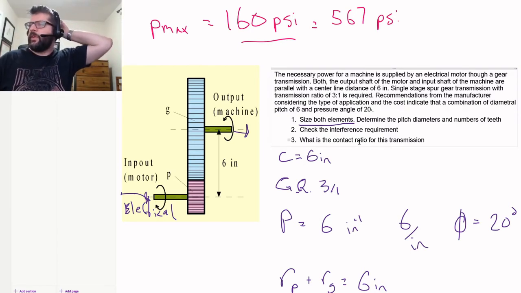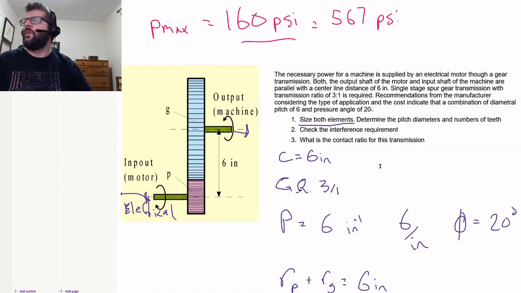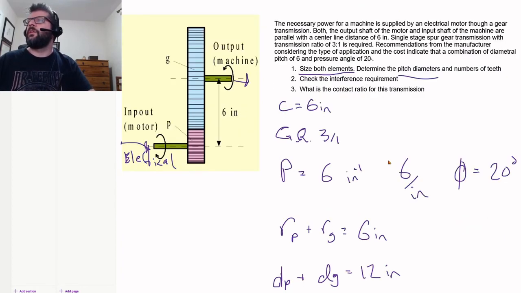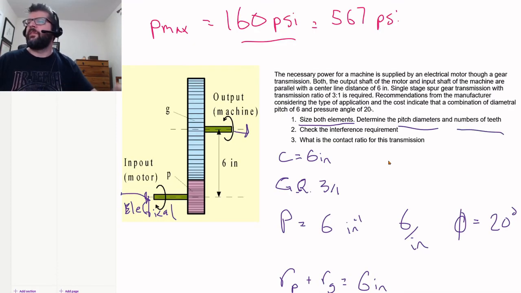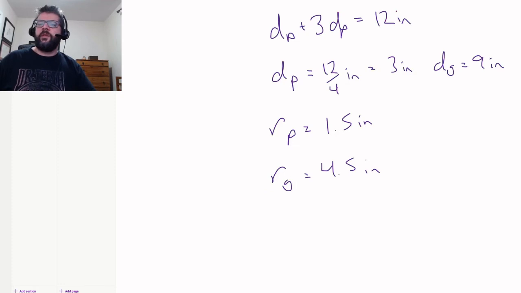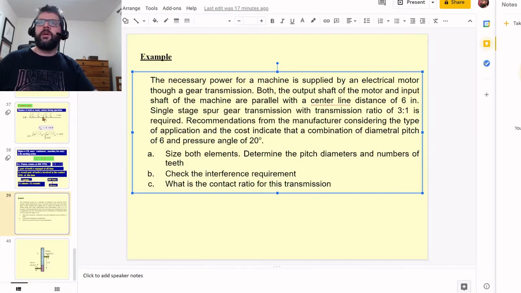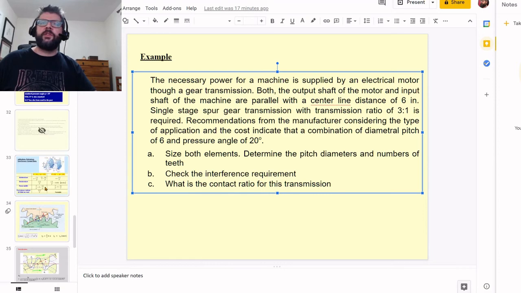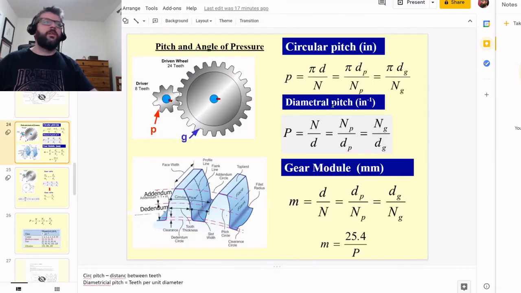So our pitch diameters are the 3 and the 9. Now the number of teeth. We're working with our diametrical pitch of 6. Going back to our definition of diametrical pitch: diametrical pitch is the number of teeth divided by the diameter.